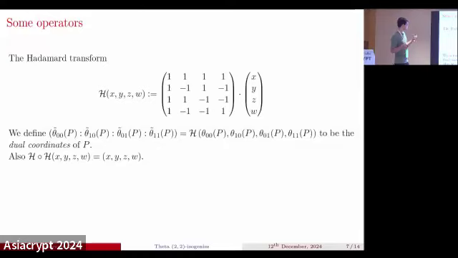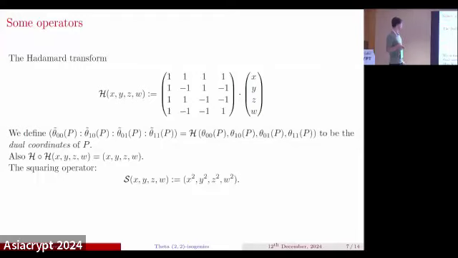Once you have a point represented in theta coordinates and you apply the Hadamard transform to these theta coordinates, you obtain another special way of representing this point, which is called the dual coordinates of P. Another special property of the Hadamard transform is that if you apply it twice, then projectively you obtain the same exact point. So this is the first operator that we need.